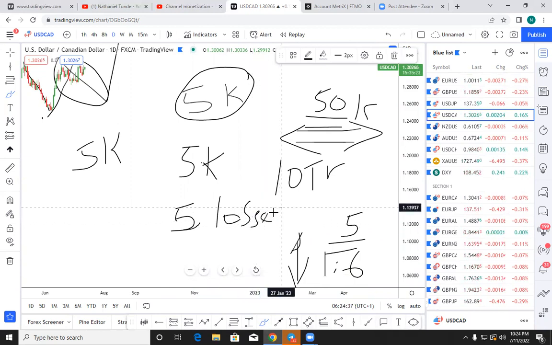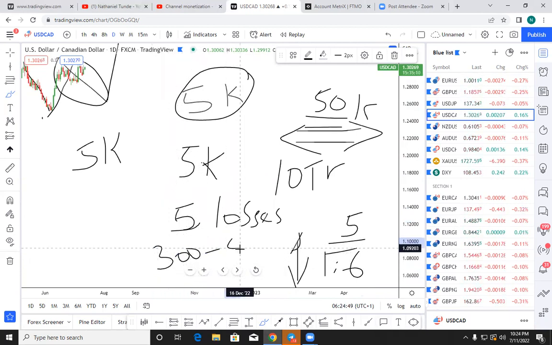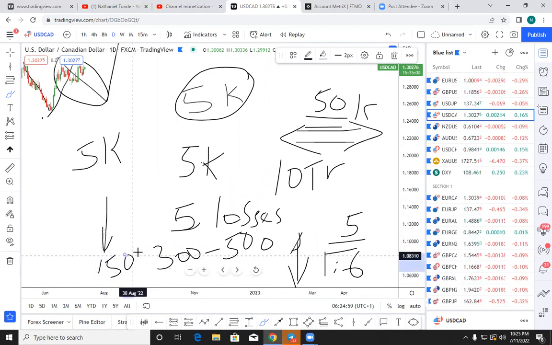These 5 losses, I make sure that the losses are kept at 300 to 500, not more than 500. So even if I lose 3 trades or 5 trades, I'll be like 900 to 1,500 loss from 5K.